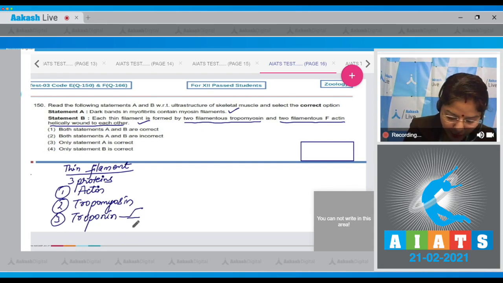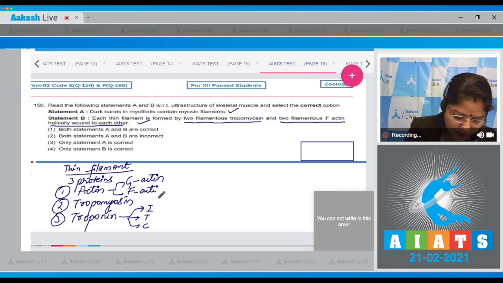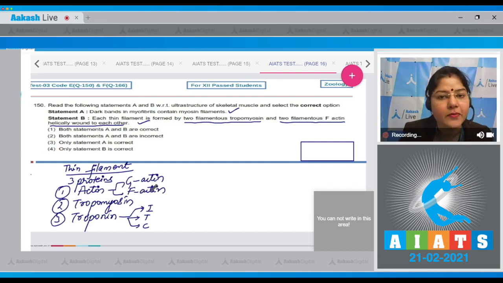Troponin has 3 components: troponin I, troponin T, and troponin C. Actin has 2 forms: G-actin monomeric protein and F-actin polymeric protein.